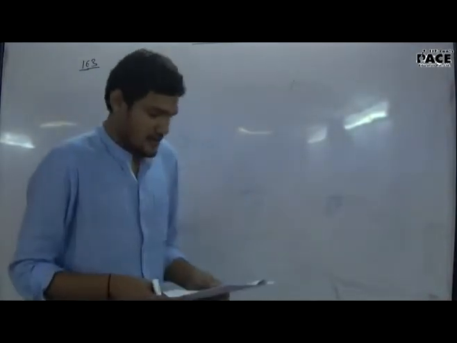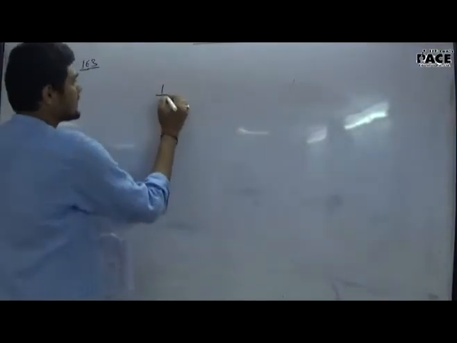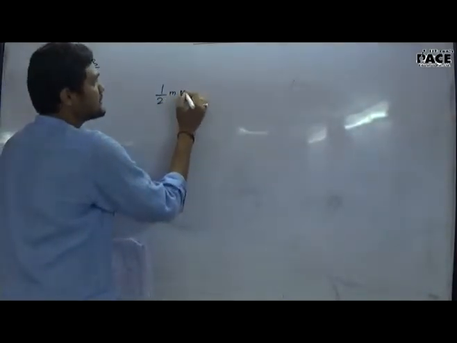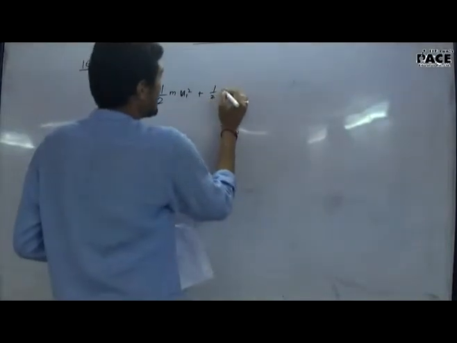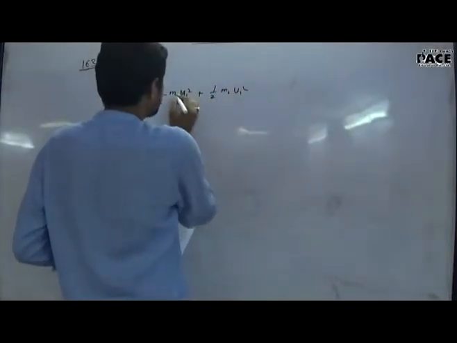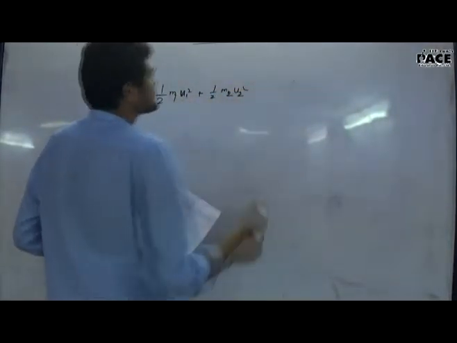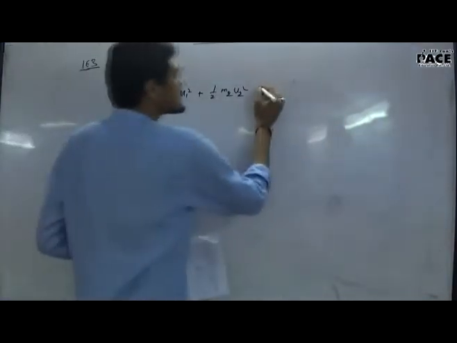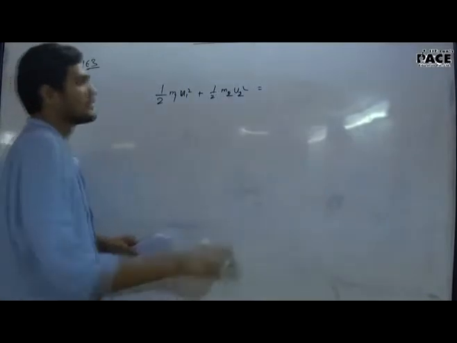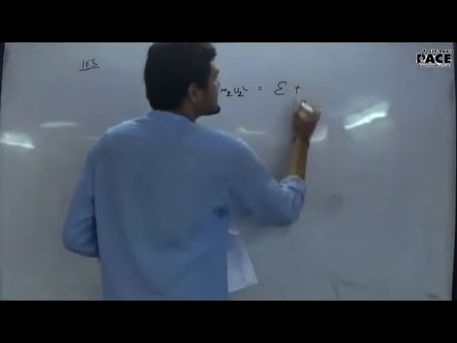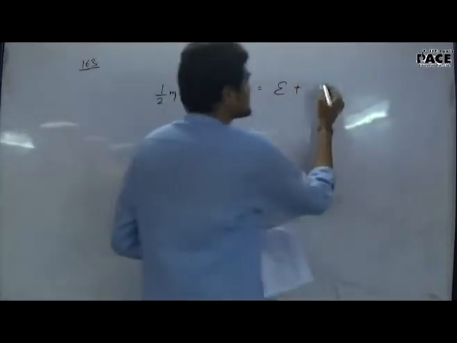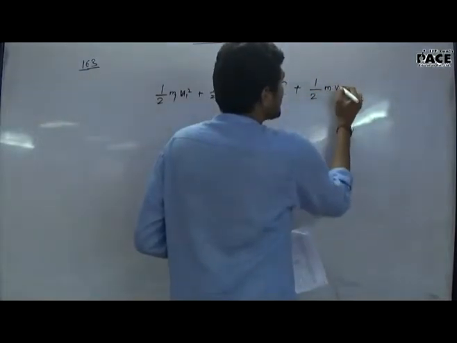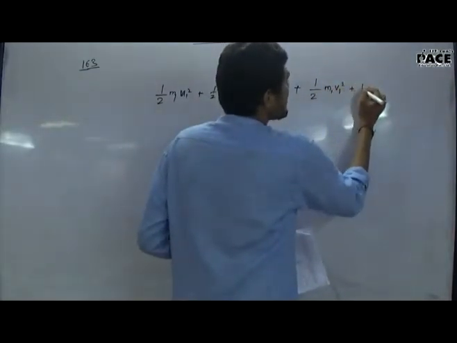So the initial energy is simply half m1 u1 square plus half m2 u2 square. This should be equal to E, the part of this energy that goes into exciting the electrons, plus the rest, which goes into the kinetic energy, half m1 v1 square plus half m2 v2 square.